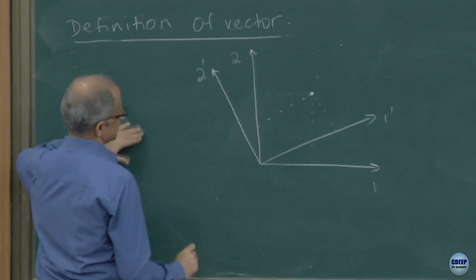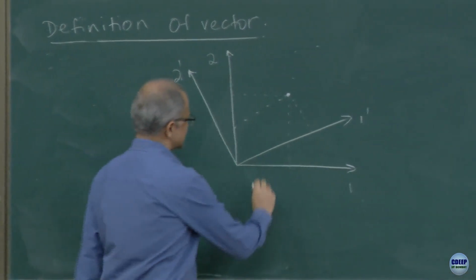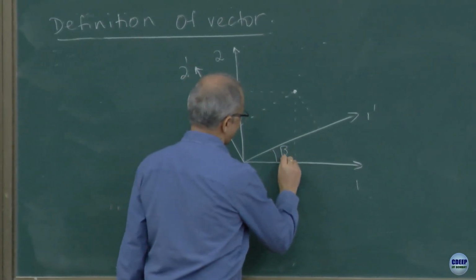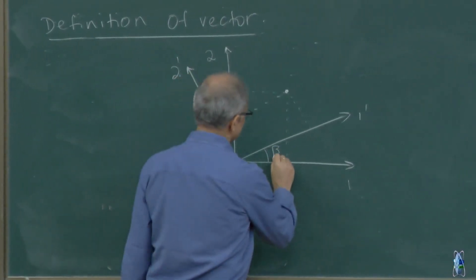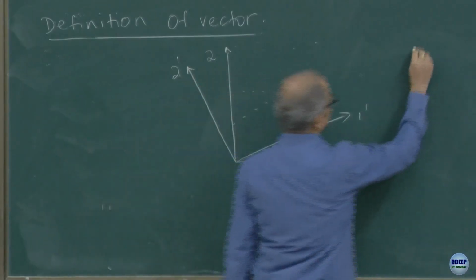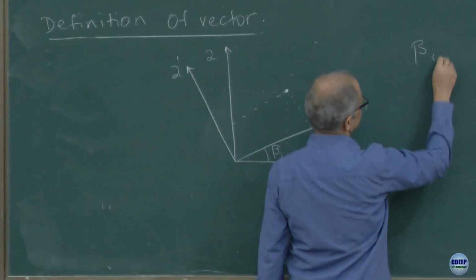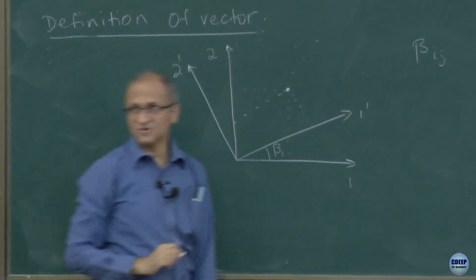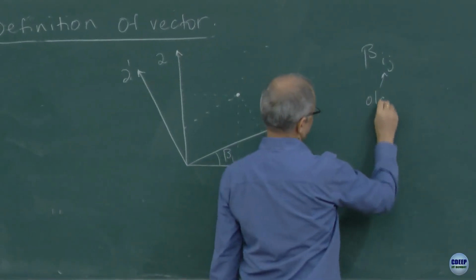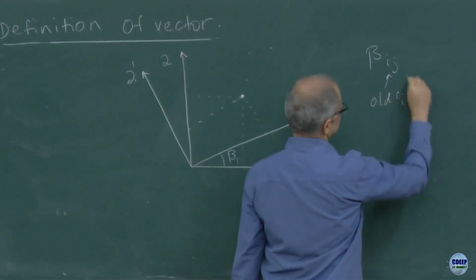So let us start defining certain angles. I will define an angle beta, and I will use two subscripts, let me just define beta ij. Beta ij, first index is old I, and this is my new j.